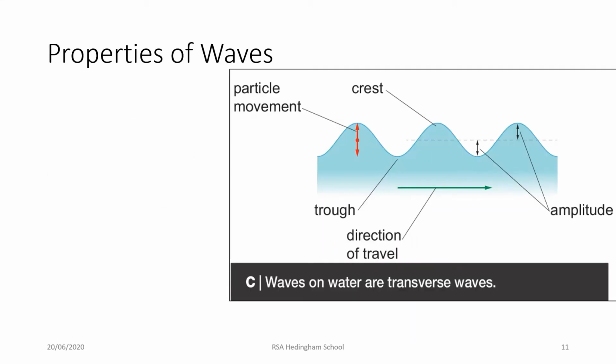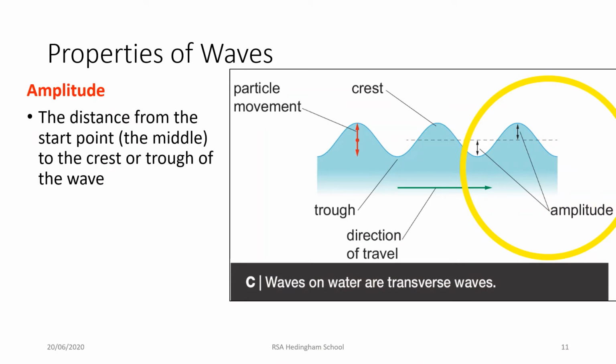Okay, I want to talk a little bit about the amplitude of waves. We've come across the word amplitude before. It is the distance from the starting point, which is the middle of the wave, to the crest or the trough of the wave. So if we're talking about water, it's the distance that water moves from the middle to the top or from the middle to the bottom.